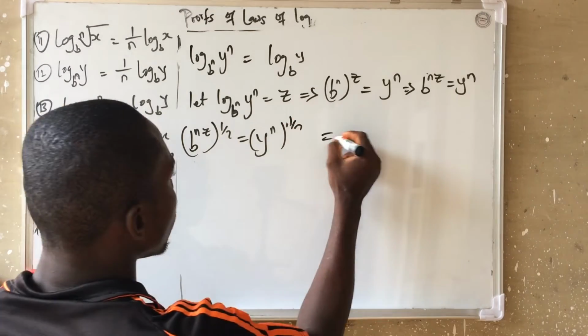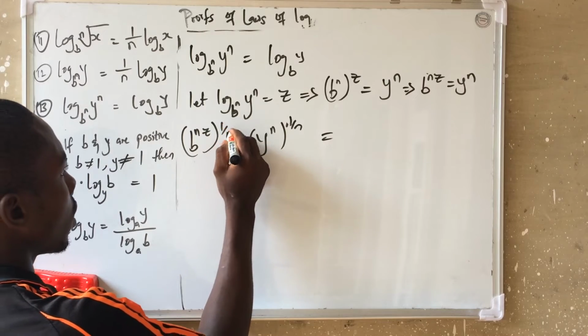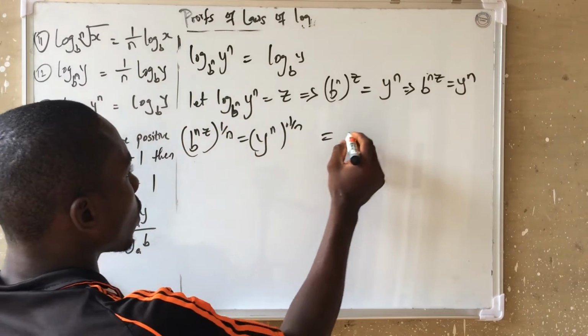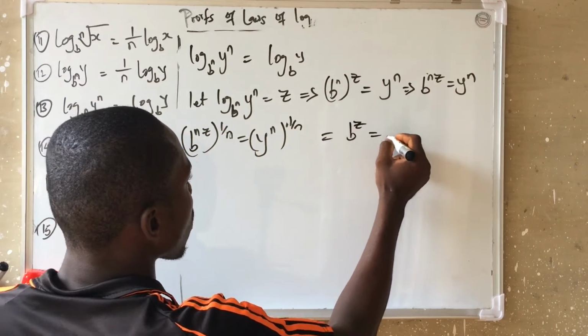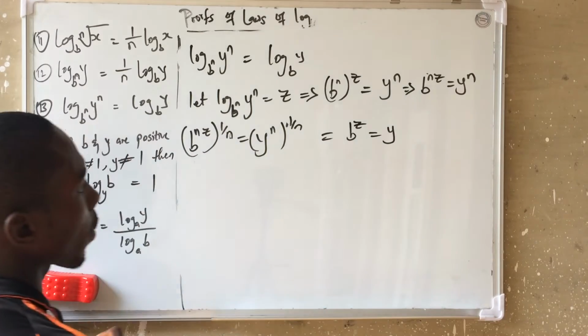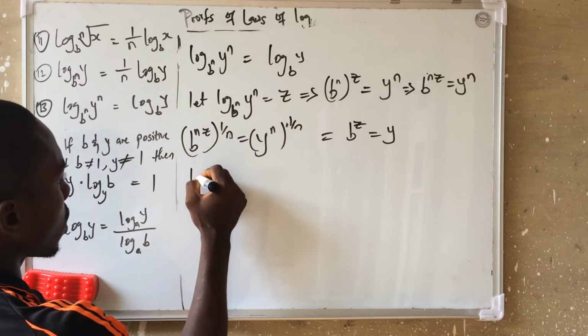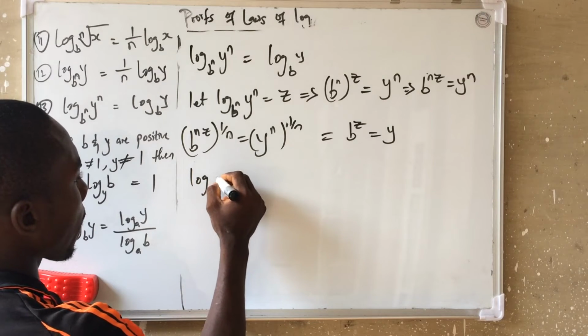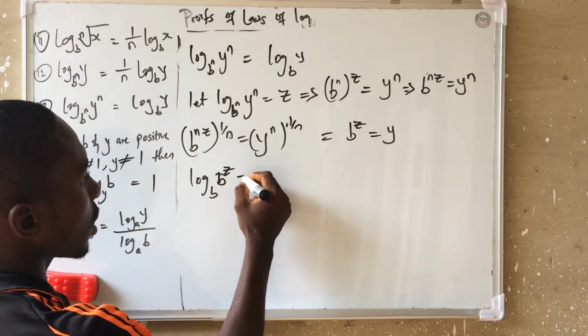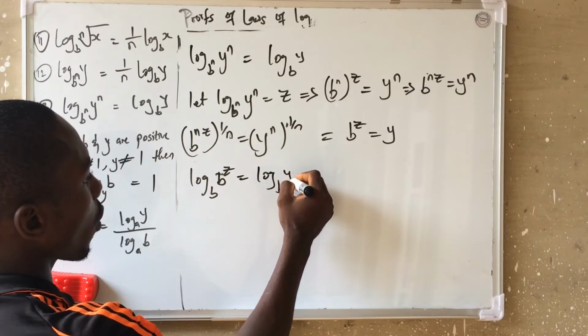So what is it going to give me? This n will take care of this one. I will now have that b raised to the power z is equal to y. Now I take the log to the base b of both sides. So that is the log to the b of b raised to the power z is equal to log to the b of y.